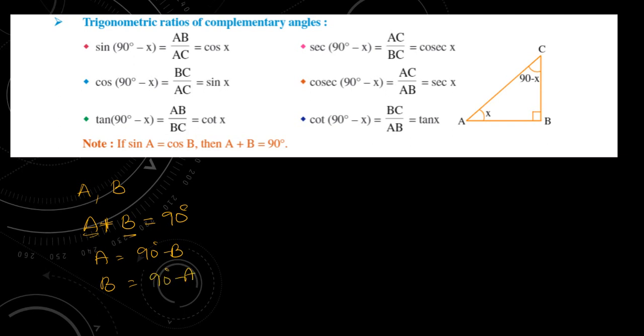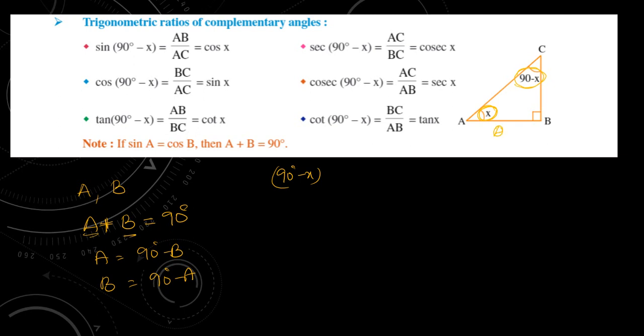Now let us see how these trigonometric ratios change, right? First of all, I am going to consider a triangle ABC, and this particular angle is X. If this angle is X, then other than the 90 degrees, the third angle that is present is nothing but the complementary angle of this particular angle X. Now if you observe this, sin of 90 minus X. For 90 minus X, what is the opposite side?